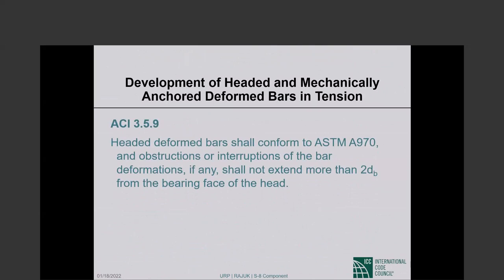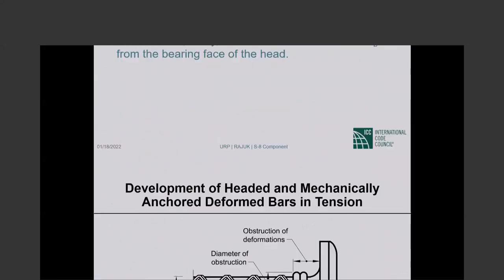Headed deformed bar shall conform to ASTM A970, and obstructions or interruptions of the bar deformations, if any, shall not extend more than 2 bar diameters from the bearing face of the head.